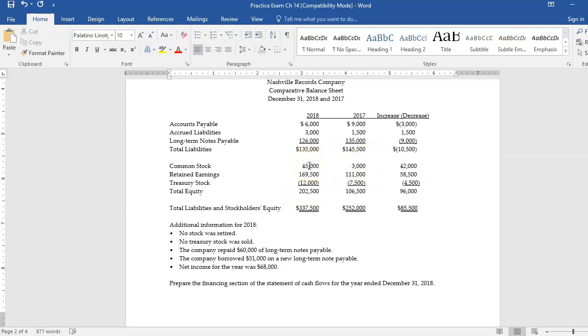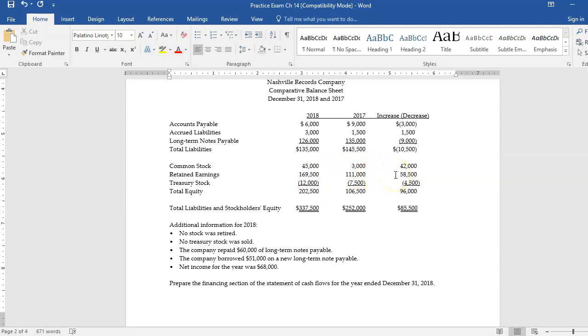The company repaid $60,000 of long-term debt. The company owed $51,000 on a new note. That's why there's only a net difference here of 9, because they paid back 60 and they borrowed 51. And then net income for the year was 68, which is part of our change in retained earnings. Remember, dividends also affect retained earnings.